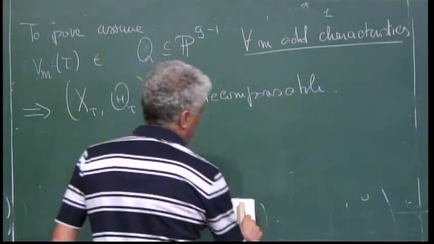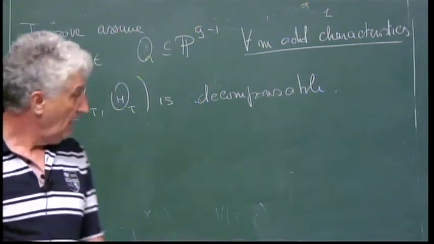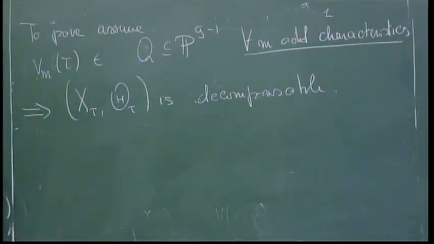Okay. Now, since this is contained in a quadric, let me write B as the matrix of the coefficients of the quadric. This is just linear algebra. This is a good exercise for students in the second course of linear algebra, not the first course, because it's a quadratic form.